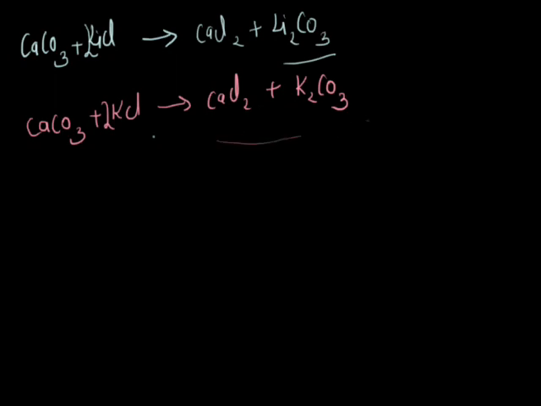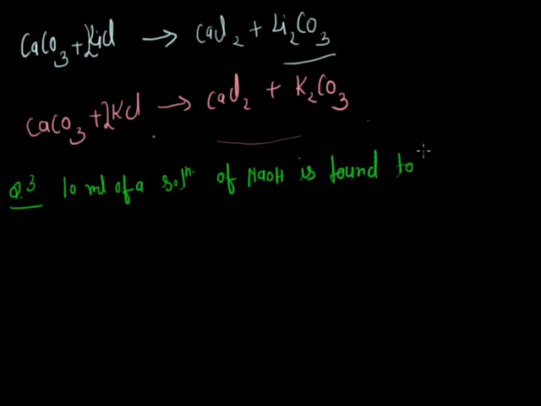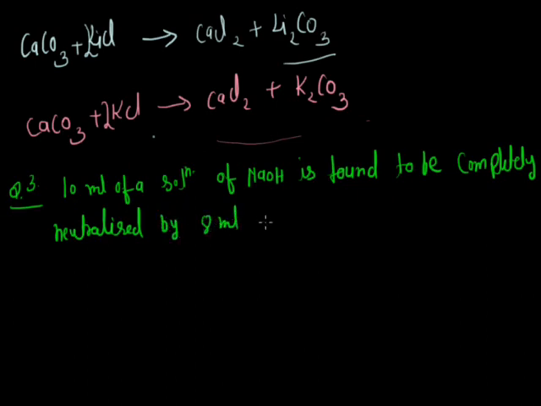Now next, question number three. 10 ml of a solution of sodium hydroxide, NaOH, is found to be completely neutralized by 8 ml of a given solution of HCl.